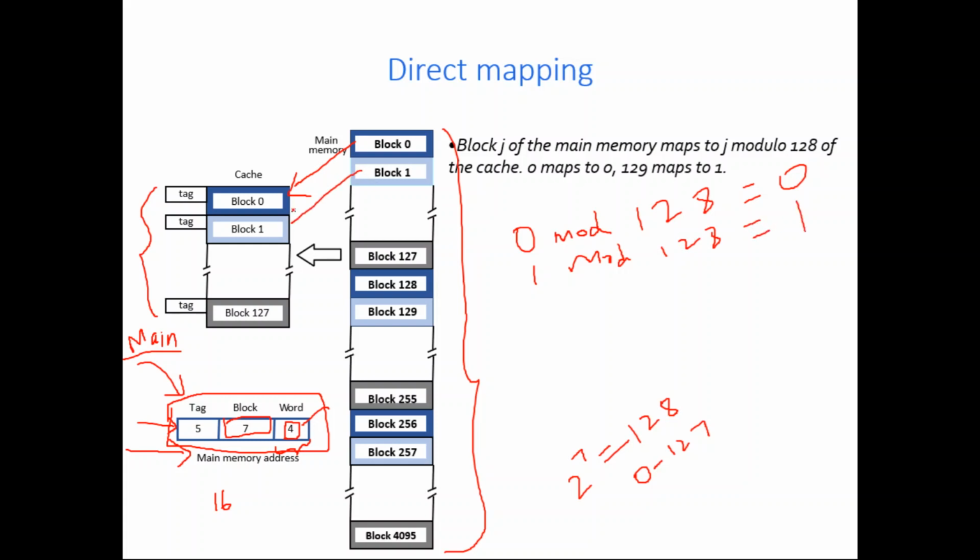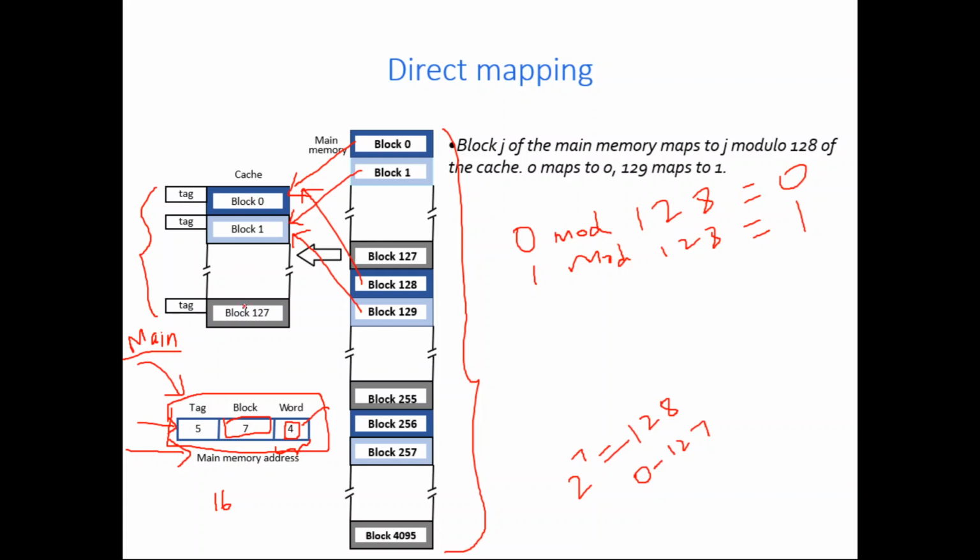All these things I think we have discussed extensively. Block 128, where will it go? It will also go to block 0. Block 129 will also go to block 1. So in direct mapping, multiple blocks from the main memory are mapped to the same block in the cache memory, as we have discussed.